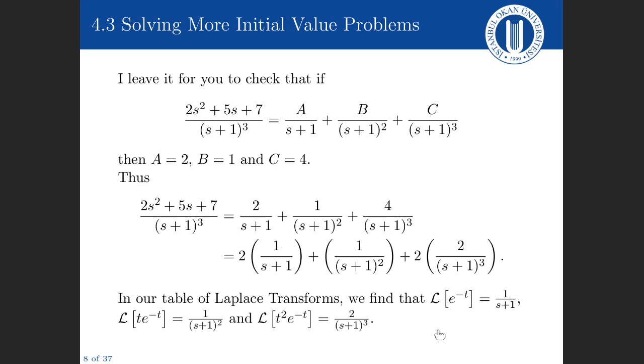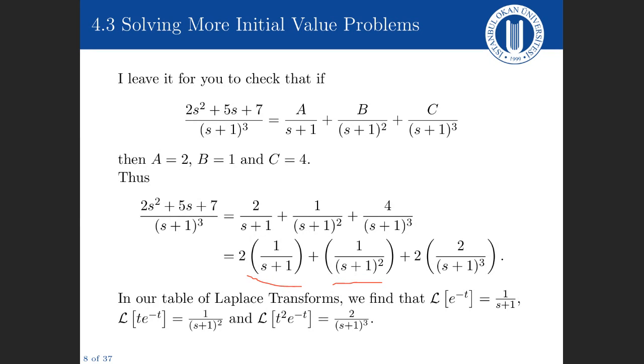From our table of Laplace transforms, you can see that the Laplace transform of e to the power minus t is 1 over s plus 1. That's this one. The Laplace transform of t multiplied by e to the power minus t is 1 over s plus 1 squared.